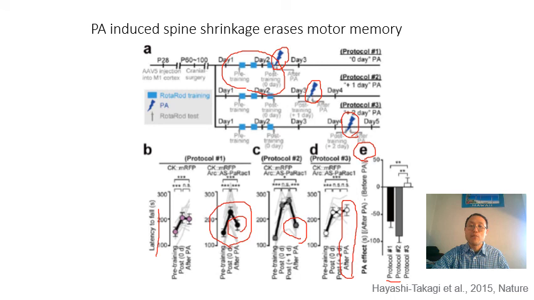But in protocol 3, when they're trying to do this between day 4 and day 5, they can no longer erase the memory. So there is an optimal time to erase a memory, but not after a memory has already been formed.